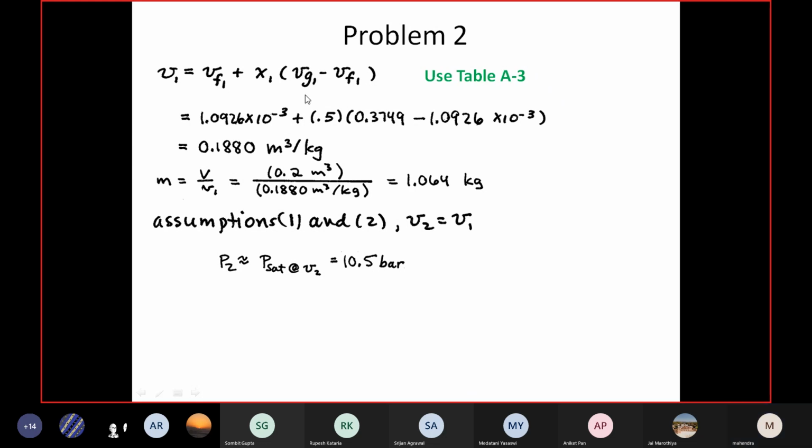What is the gas volume, meaning the saturated gas volume? Can you go and check? Is it matching? At 10.5 bar.